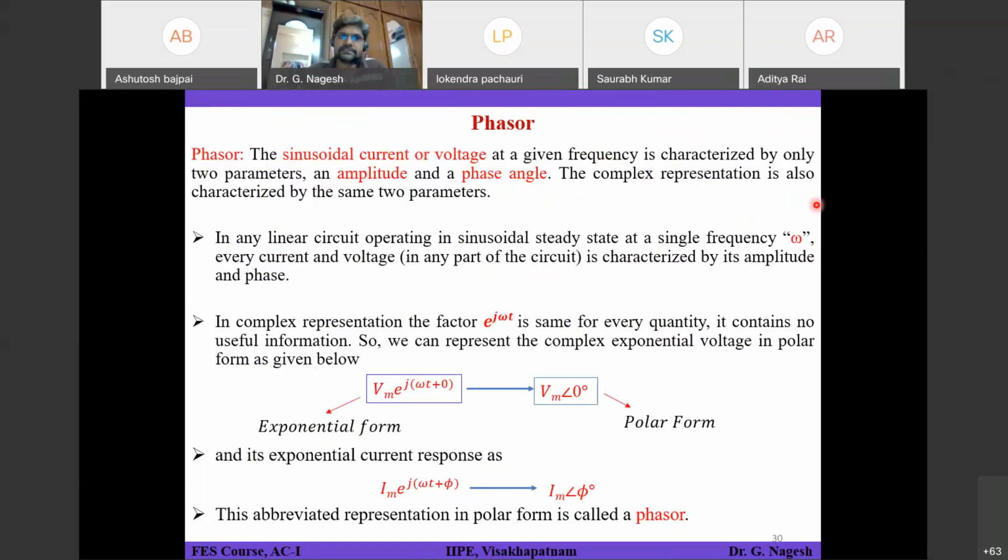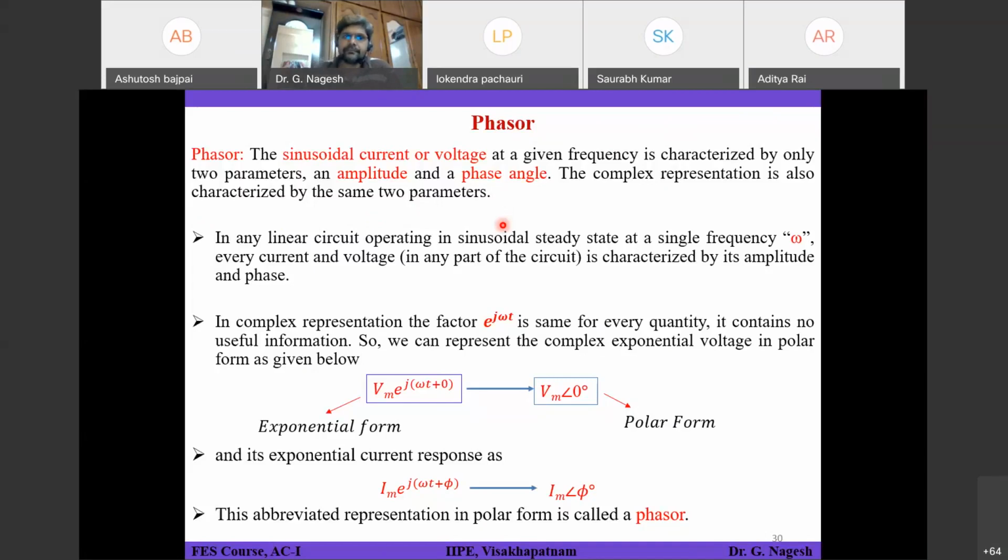The complex representation is also characterized by the same two parameters, Vm and theta. That means we are not missing any data, since by converting the real voltage source into a complex format, we are not removing any useful information in the function.